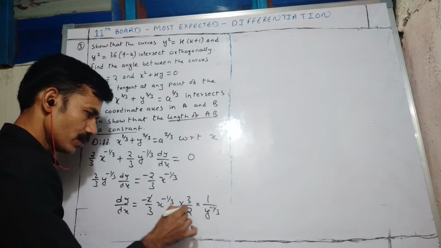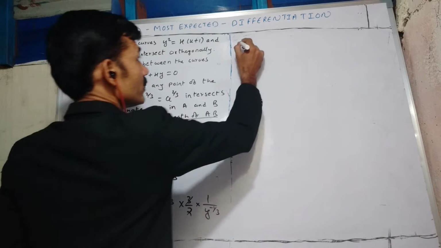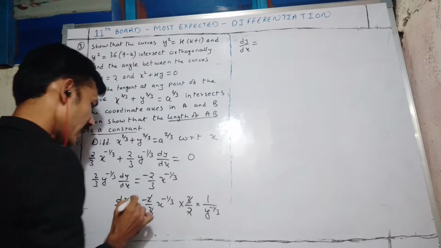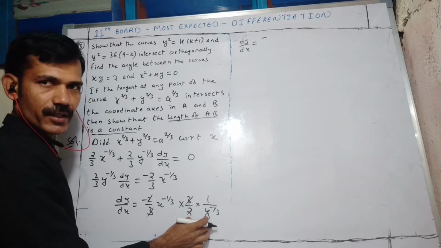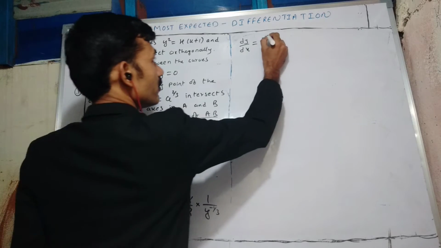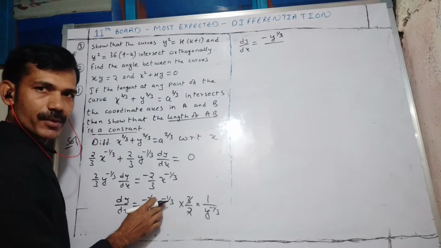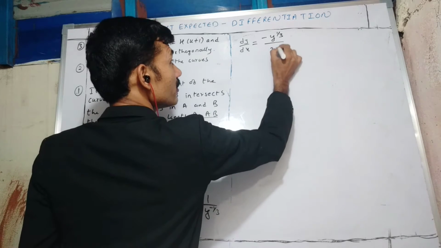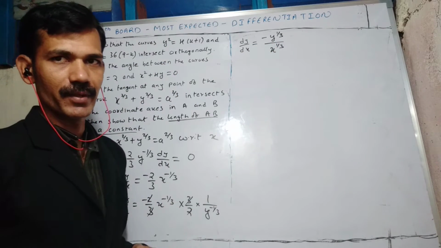Here 2 gets cancelled, 3 gets cancelled, minus is there. So what is the dy/dx value? We are going to get minus, see, using the exponent rule, if you transpose to the numerator, it will become y^(1/3). Next, x^(-1/3), if you bring it to the denominator, it will become x^(1/3). So this is the derivative.